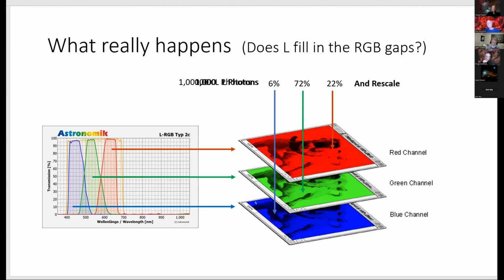So 6% of those photons that come into L, regardless of where they come into L, 6% are going to go into blue, 72 into green, and 22 into red. And that doesn't matter what you do. And since we have so few green objects, we're wasting photons galore if we use this method. Why are those photons recorded at all?